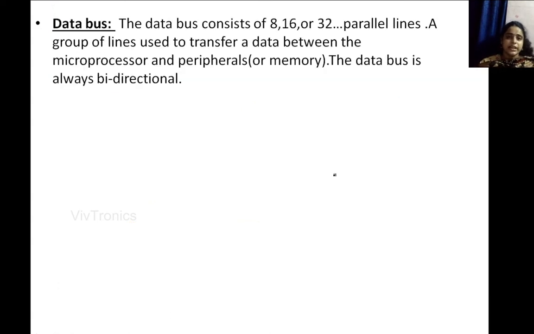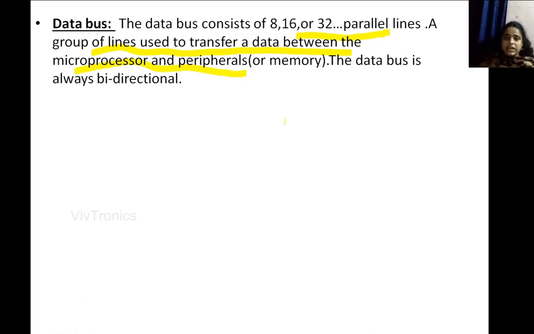Next one is the data bus. The data bus consists of 8, 16 or 32 parallel lines. We know a bus is nothing but a group of parallel lines. A group of lines used to transfer data between the microprocessor and peripherals or memory is called a data bus. That means a group of lines which carry information from the microprocessor to another device is called a bus.